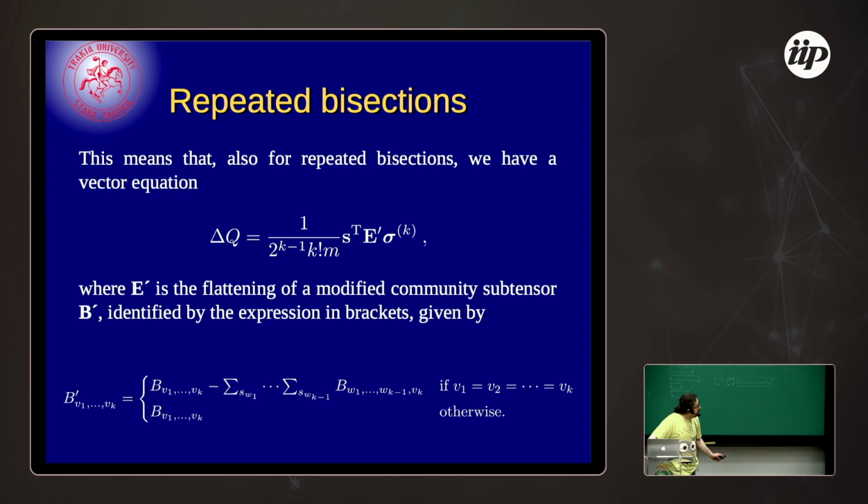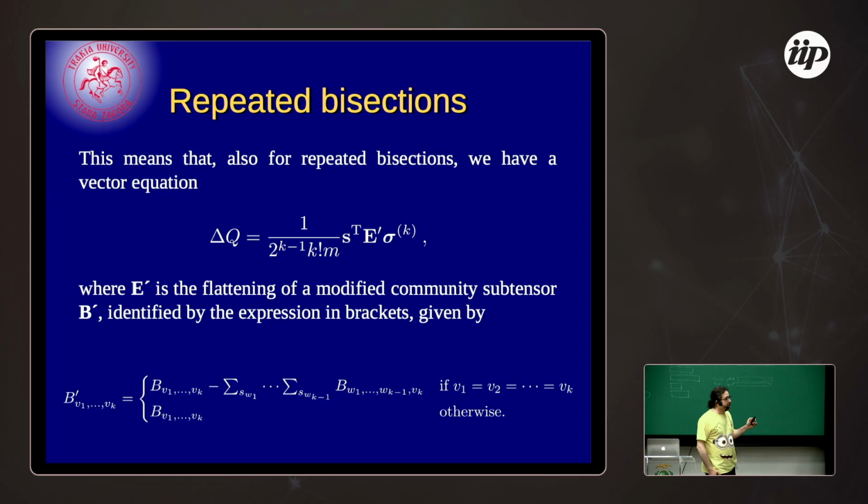Only when all the indices are exactly the same, you subtract this expression. Otherwise, you don't have to do anything. Good news. Why is it good news? Because it doesn't depend on k.